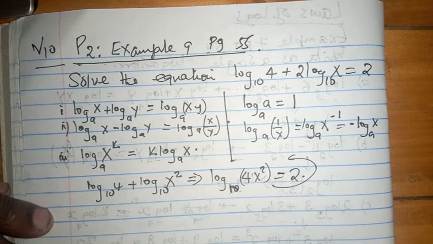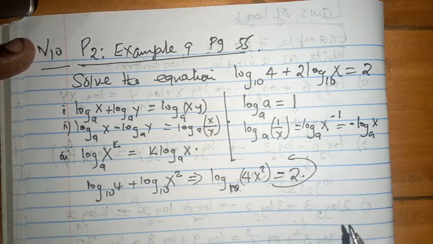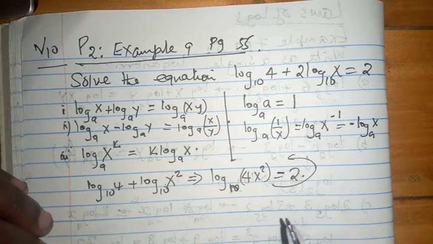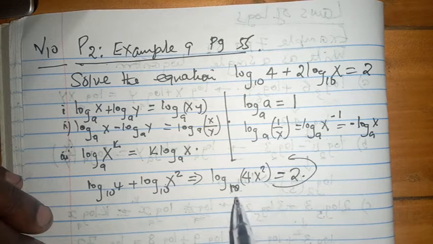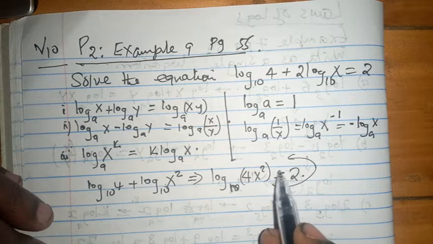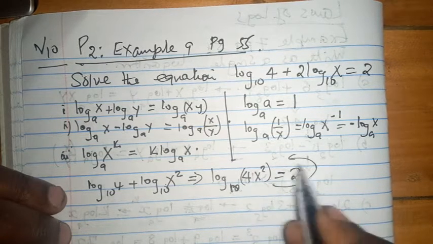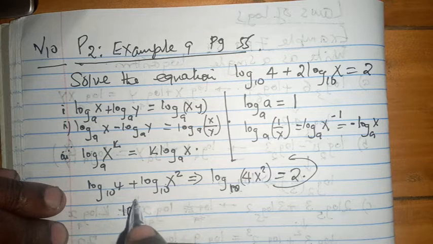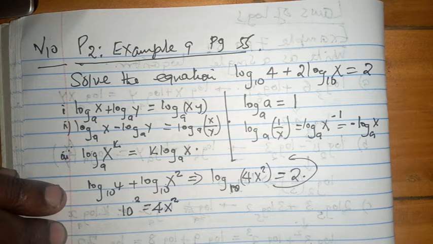If you want to write an index notation into logarithmic notation, as I taught before, you again apply the anti-clockwise movement. So in this case, 10 raised to power 2 is equal to 4x squared. And this is now anti-clockwise. 10 raised to power 2 is equal to 4x squared.